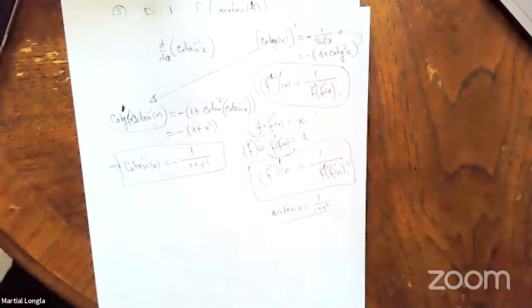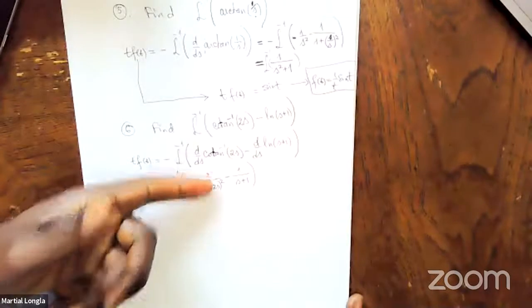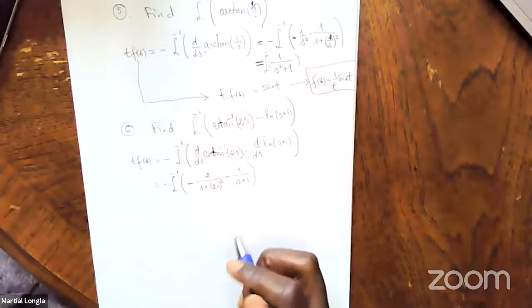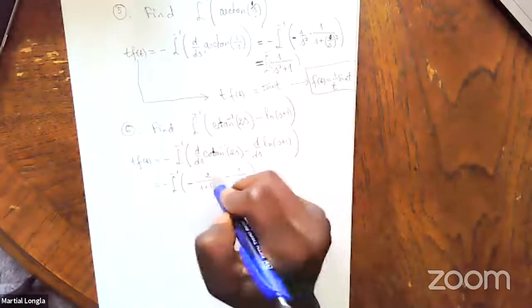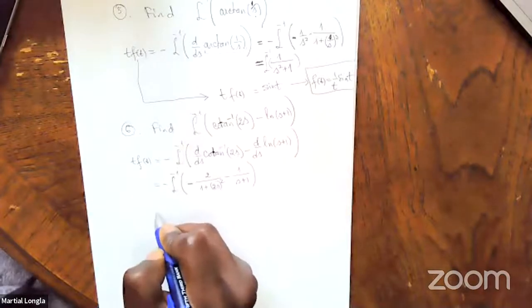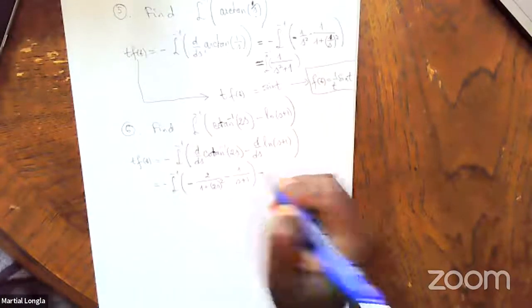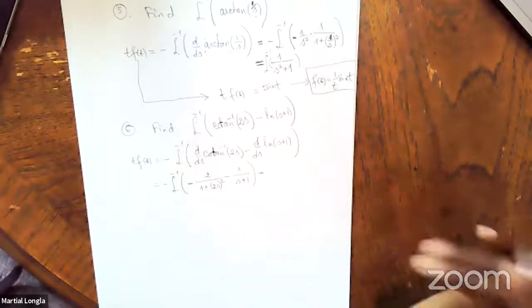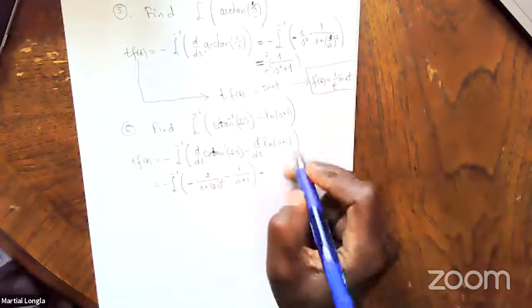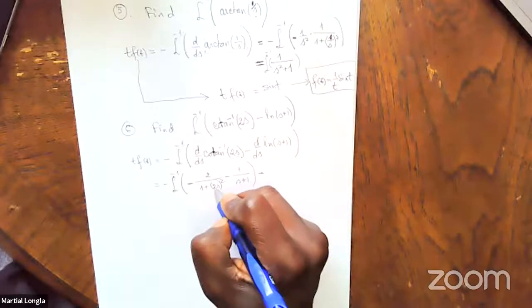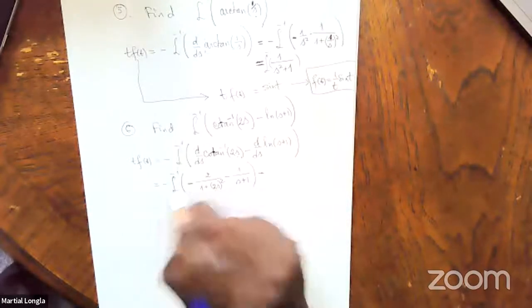Same thing works for tangent, and that's why this formula is okay. And then you take the derivative of what is inside, it's 2. Then you go to the next step. Minus and minus, all the minus inside there turns into plus. And because you got a 2 here, you have to divide by 2 as well.